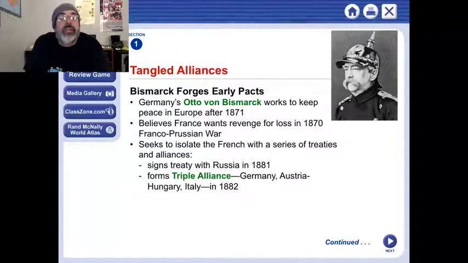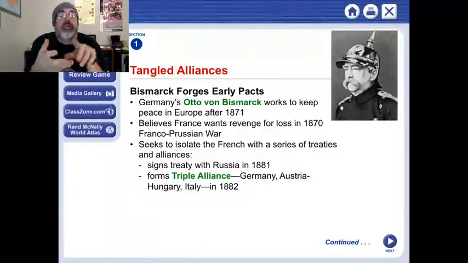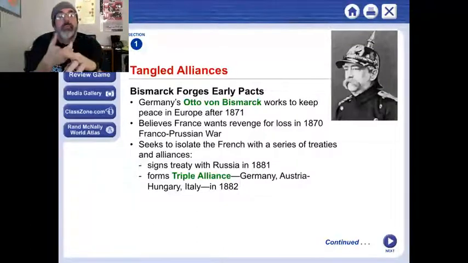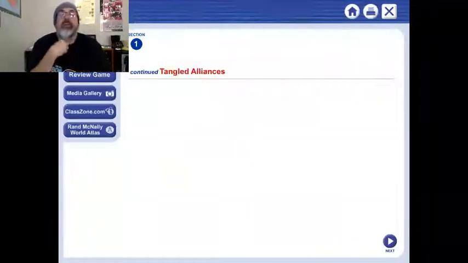All right, so that's 3 versus 2, which is France and Britain. Okay, so the 5 great powers are Germany, Austria-Hungary, France, Great Britain, and Russia. All right, and so Bismarck always wants Germany and 2 others facing France and 1 other, so that he won't have another war with France.